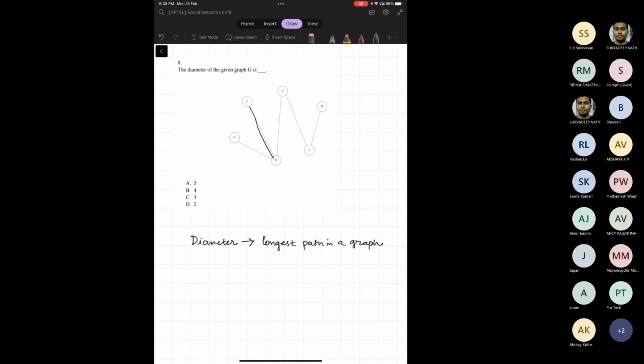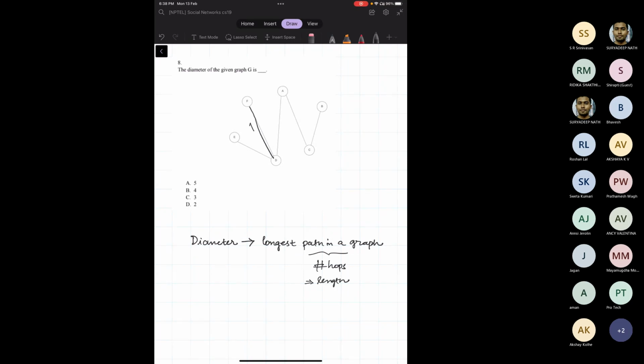Okay, so diameter is basically the longest path in a graph. So you have these nodes in a graph. There could be a path from, let's say, F to D. So this is a one hop path. Path here means number of hops, or if it is a weighted graph, then it could be the length.